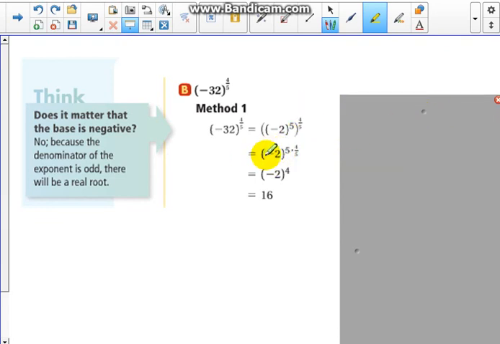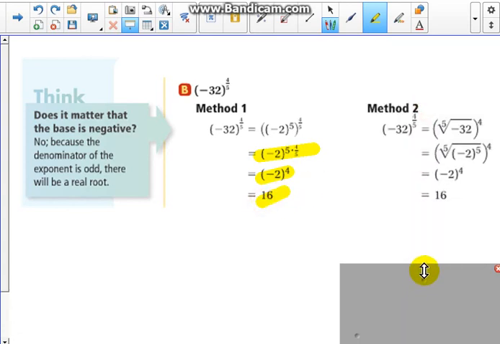And so we've got the power to a power, so multiply. 5 times 4 is 20. 20 over 5 is 4. So we have negative 2 to the 4th power, which is 16. And I will quickly show the other in case you prefer that. You can pause it at home and look over it.